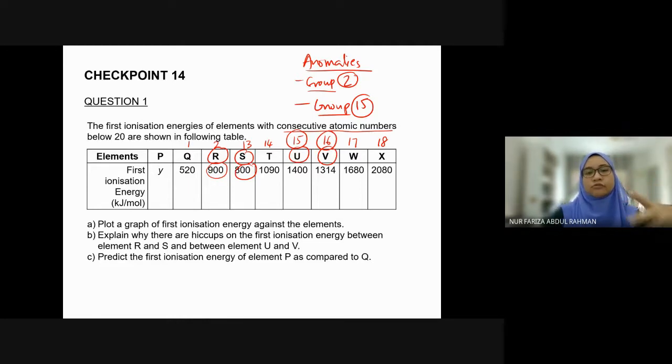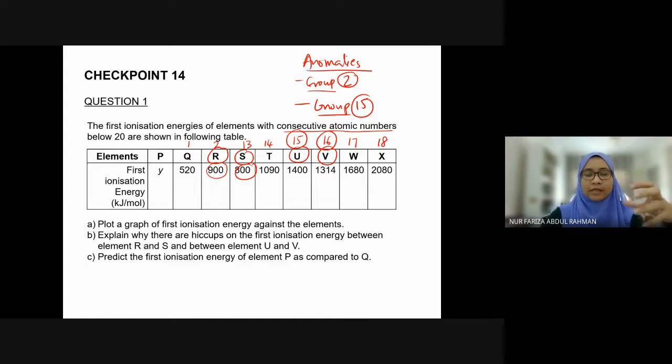So for group 2, you may draw it based on the energy orbital diagram, or you may explain it in a sentence or a very short paragraph that consists of all the keywords.